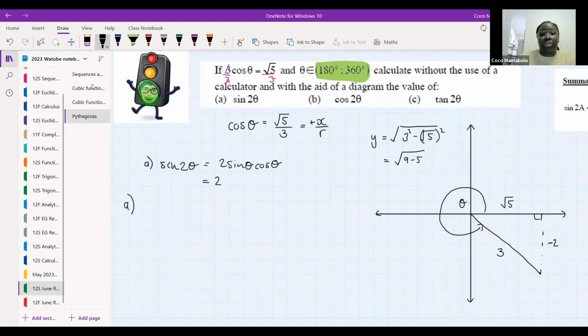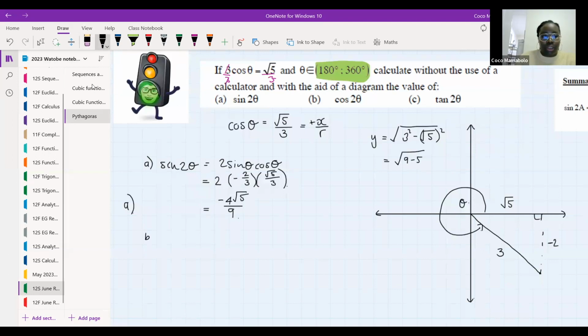And that is equal to 2 multiplied by my sine of theta, which is -2 over 3, and my cos of theta, which is √5 over 3. And all of this is going to equal -4 √5 over 9. That's my first answer. Okay. -4 √5 over 9.